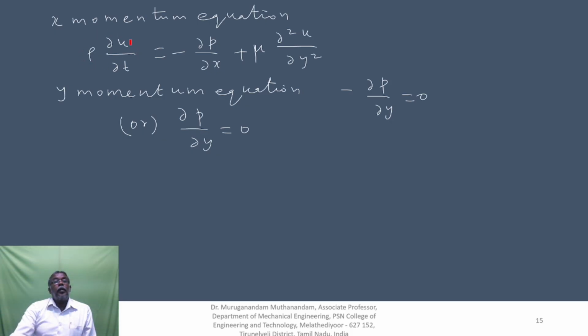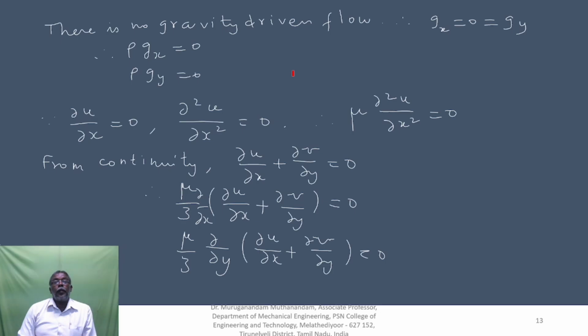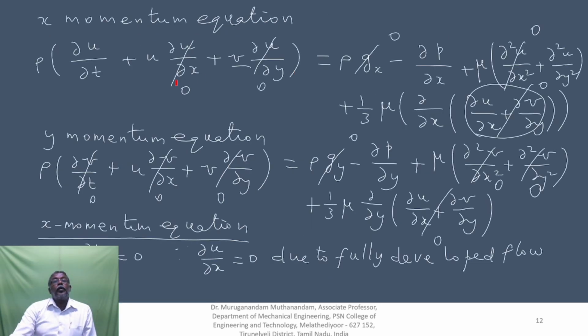On the left hand side, the remaining term is rho partial u upon partial t. On the right hand side, minus partial p upon partial x plus mu partial square u upon partial y square. That is, in the x momentum equation, on the left hand side only one term is remaining, which is not equal to 0. On the right hand side, there are two terms which are not equal to 0, minus partial p upon partial x and partial square u upon partial y square.